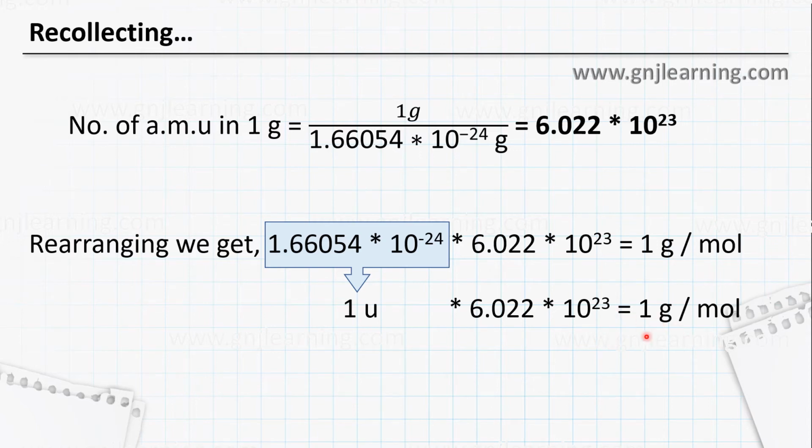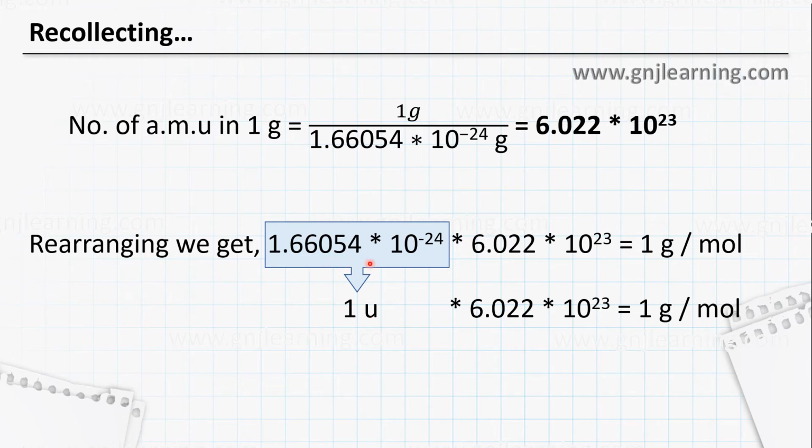So what's the connection between this value and this value? It's very simple. If you multiply any u with the Avogadro number, you are supposed to get the same magnitude, but its unit is gram per mole. So its magnitude will be in gram. I hope you got it. This value represents 1 u.